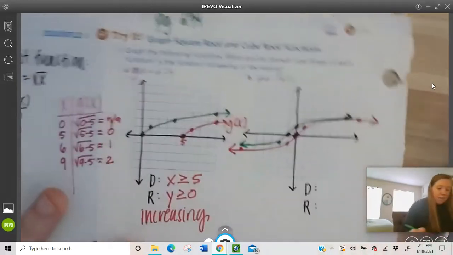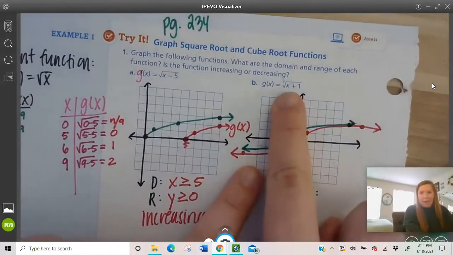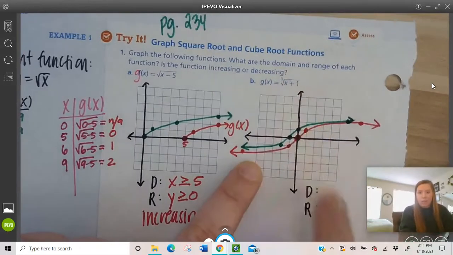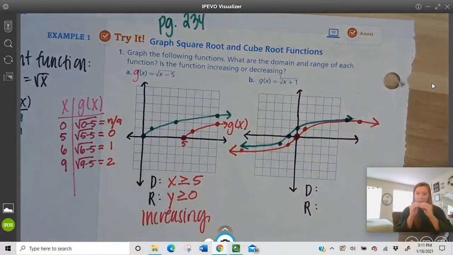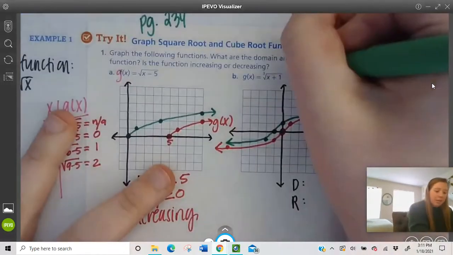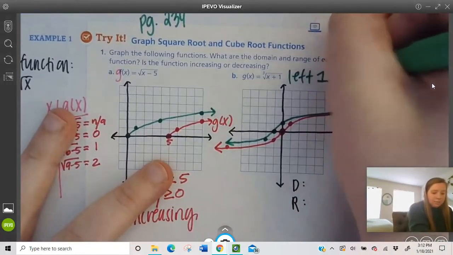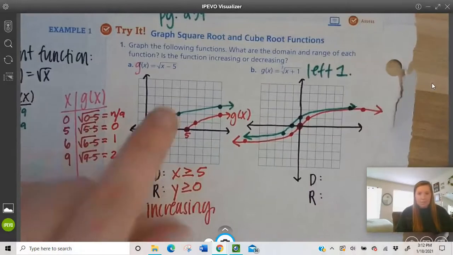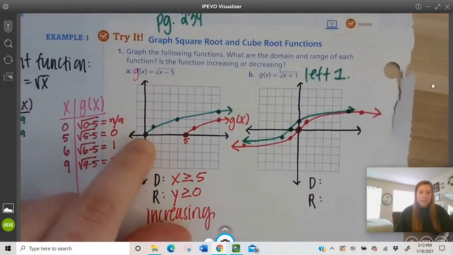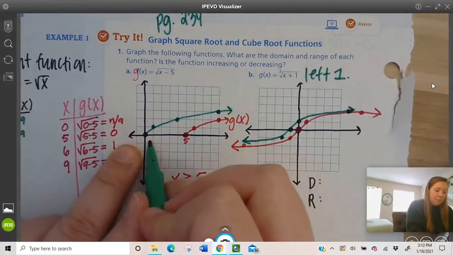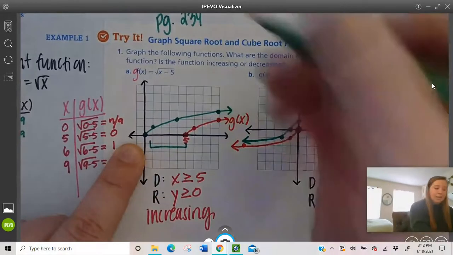And we can generalize what happened when we added 1 underneath of our radical sign. Our original function was that red line, and it looks like we moved to the left 1. And we can talk about the same thing when we subtracted 5 underneath of our radical. Here we started at the origin, and then we moved to the right 5.